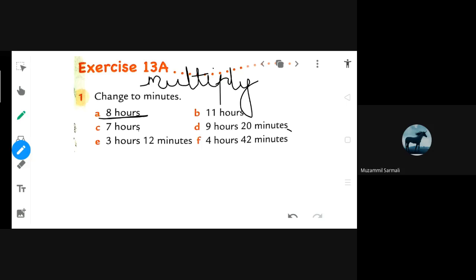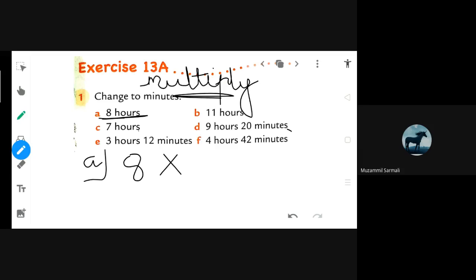So A I am doing, B and C you have to do. In A, 8 is given, so we have to multiply as I have written. But by which number? 10, 100, 1000? Ma'am, 60. Two students told me 60.